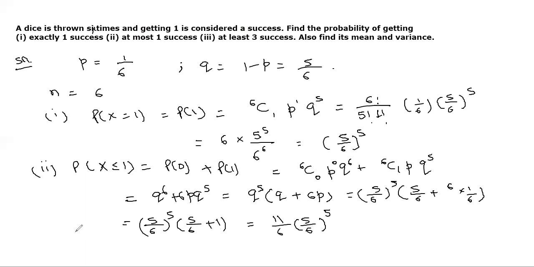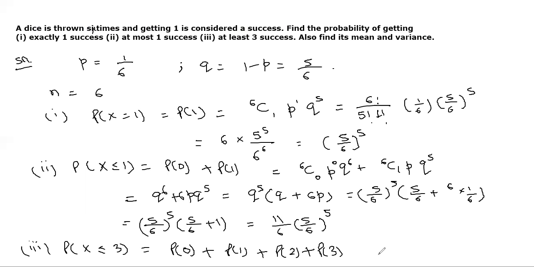Now, at least 3 success out of 6 trials. So, at least 3 means getting less than or equal to 3 success. So here we have to find the probability of 0 success, probability of 1 success, probability of 2 success, and probability of 3 success.